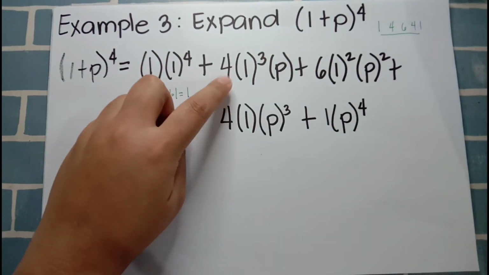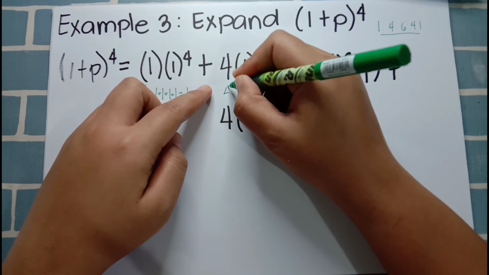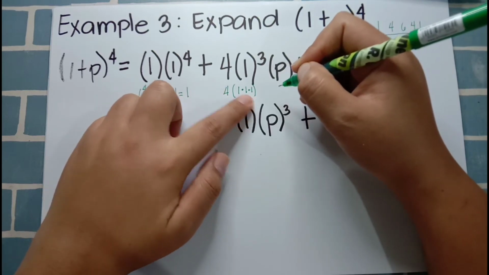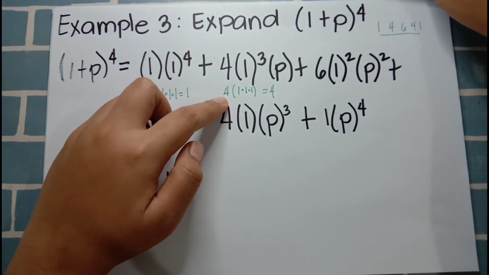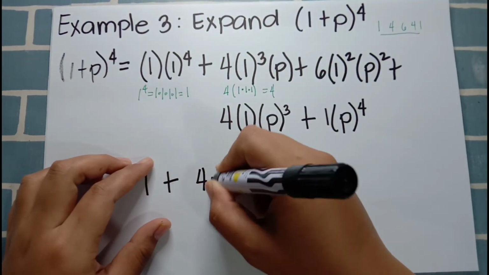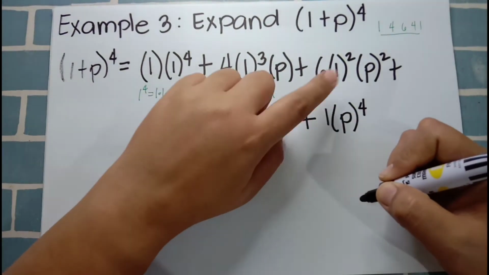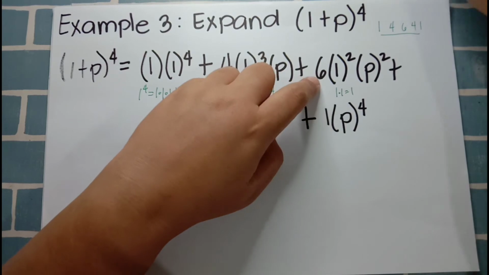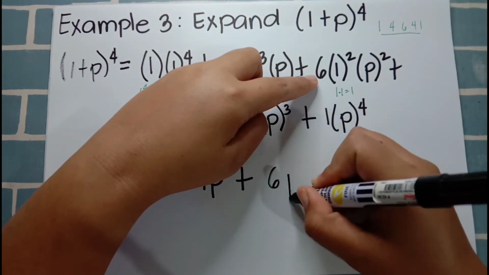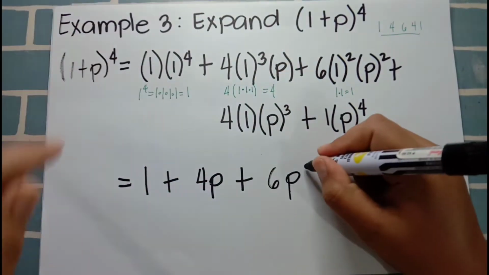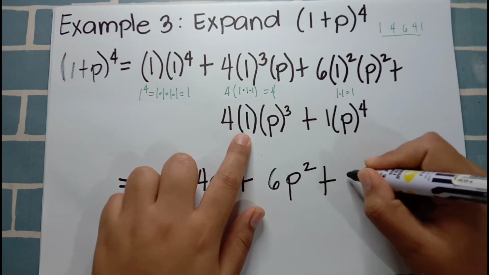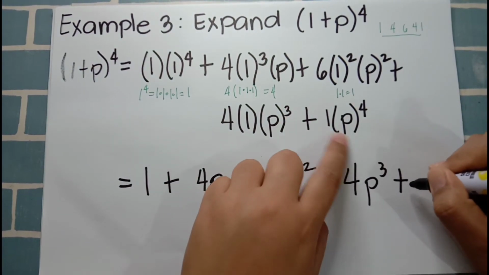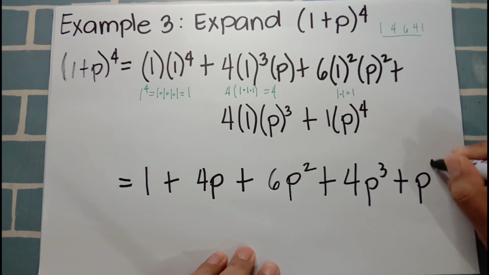Plus 4 times 1 cubed, which is 1 times 1 times 1, equals 4p, plus 6 times 1 squared is 6p squared, plus 4 times 1 is 4p cubed, plus p to the 4th power.